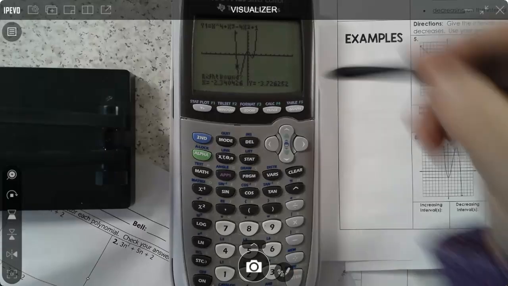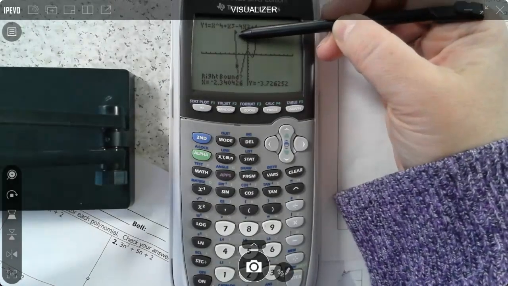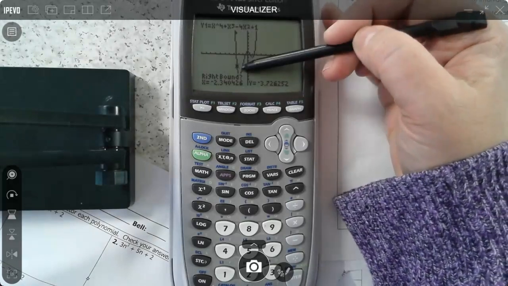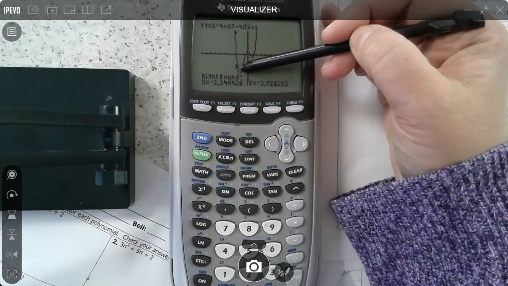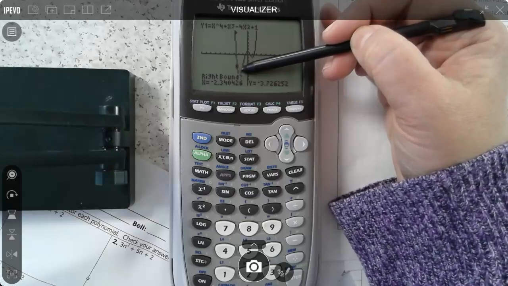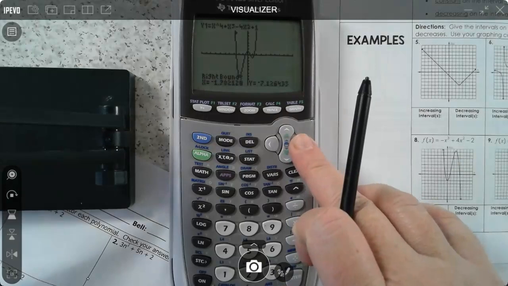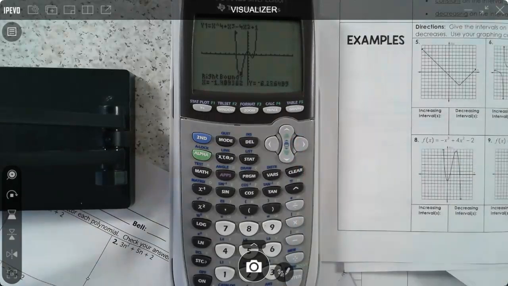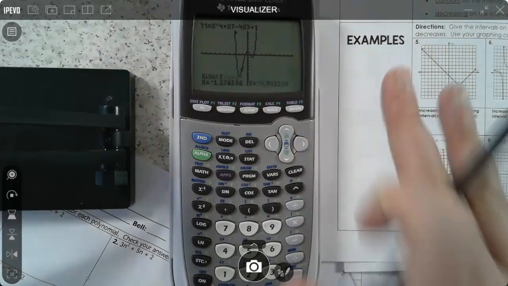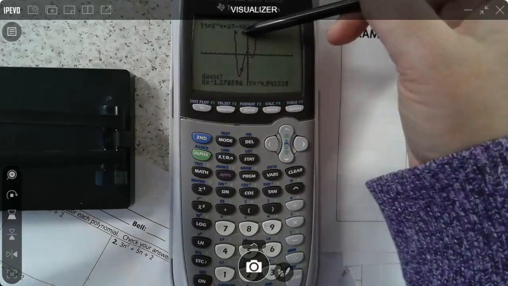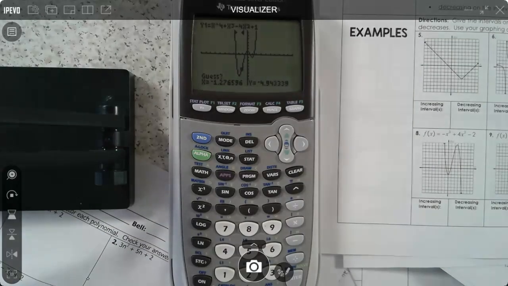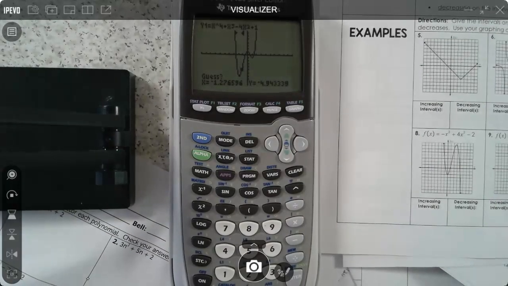You'll notice this little arrow pops up again, because you're giving it an interval and it's finding the lowest point between those two arrows. So it needs to know where to look. I give it a leftmost point, then it says right, so I scroll to the right until I'm past it, and I hit enter again. Now you see my two arrows. It's going to find the lowest point between these two areas. You hit enter, and it gives you the point. Did everybody get that point? Yes.